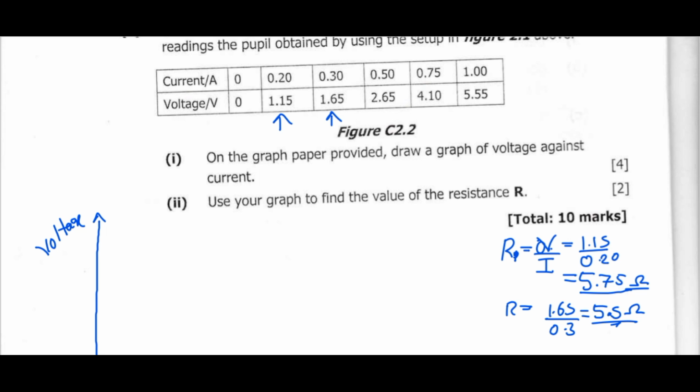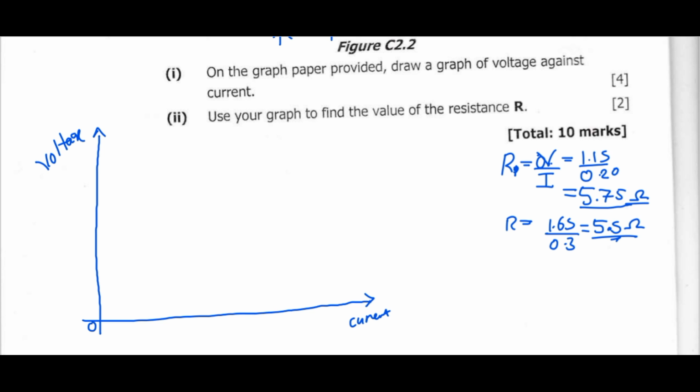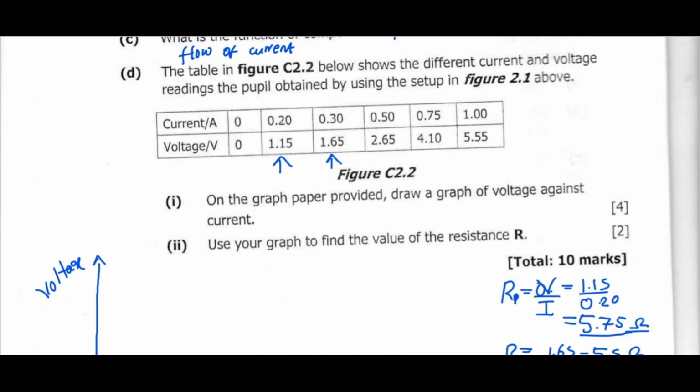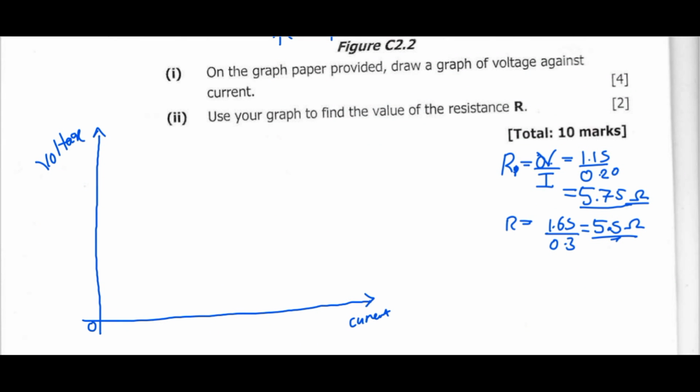So currently the current is up to 1. So on the x-axis we'll say 0.20, 0.40, 0.60, 0.80, then 1.0.